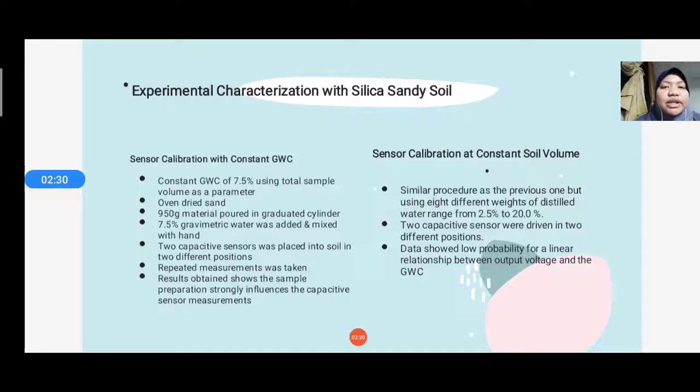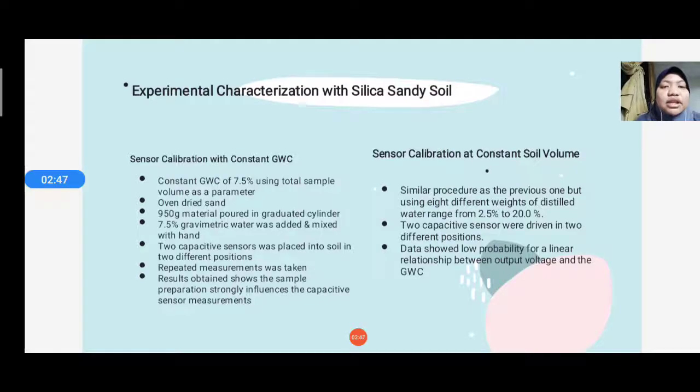For the first one, the method they use is 7.5% constant gravimetric water content with total sample volume as the parameter.